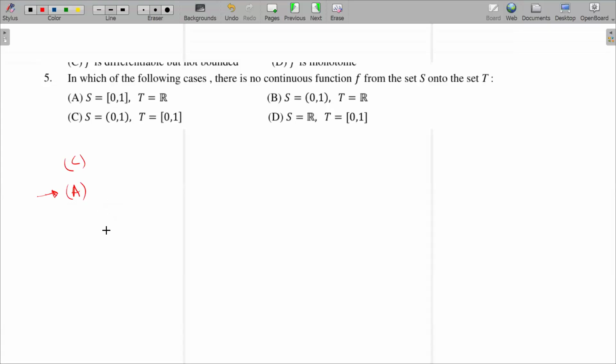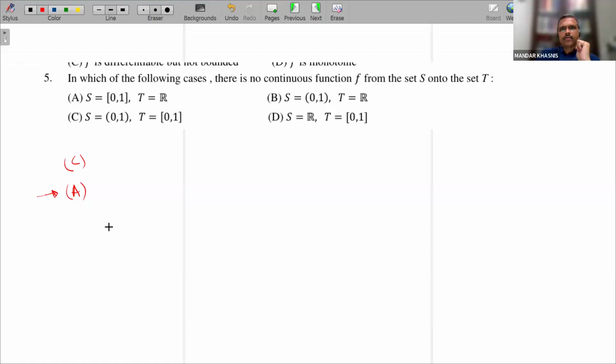Because, sir, we have to make it onto, and the image of this has to be a closed and bounded interval. Yes, sir. Option A is because T, the real numbers, is not a closed and bounded interval. That means this is not possible. The image of a closed and bounded interval must be a closed and bounded interval.